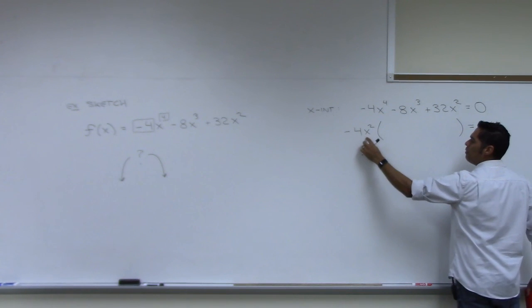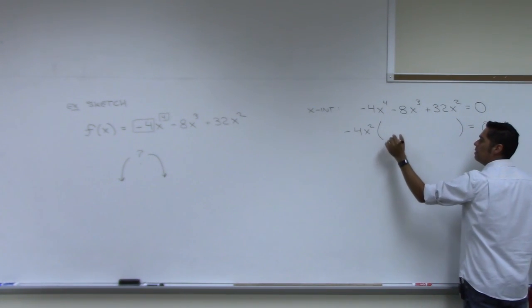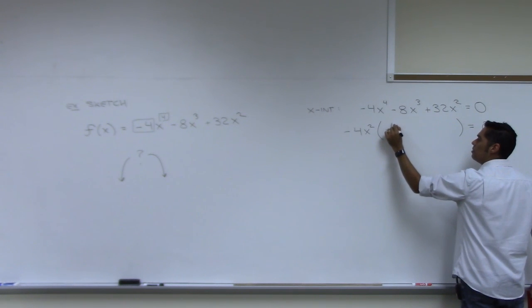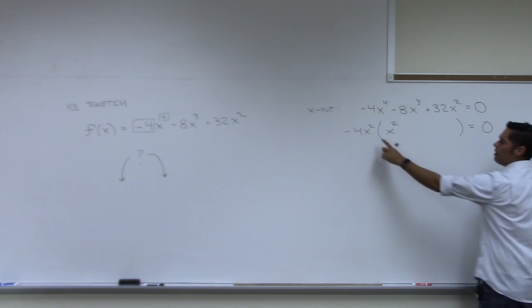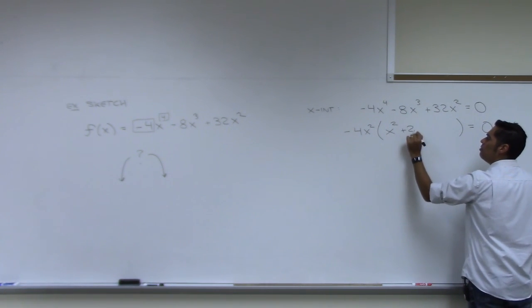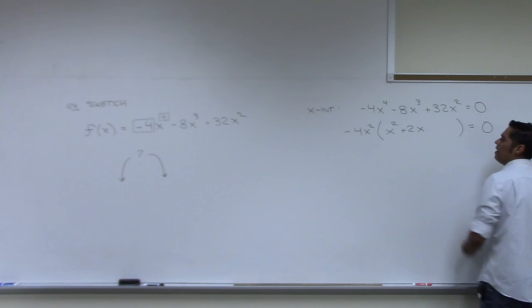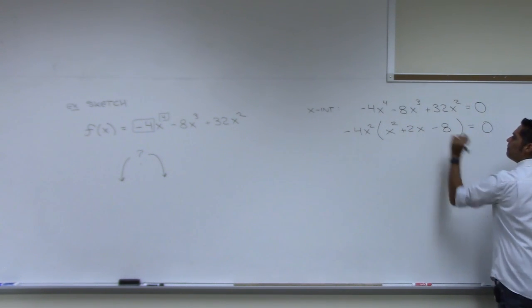So if I pull negative 4x squared out of this, what am I left with here? Just x squared, that's it. If I pull a negative 4x squared out of this one, what am I left with? Plus 2x, right? And what about out of that last one? Minus 8, and that's it, right?